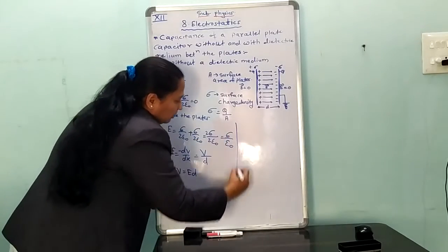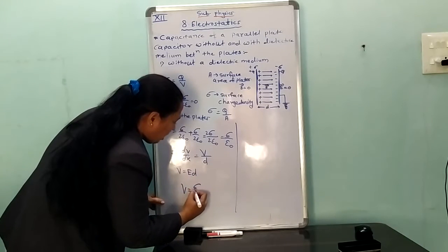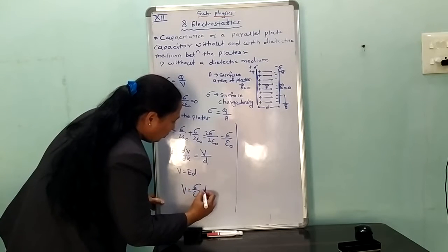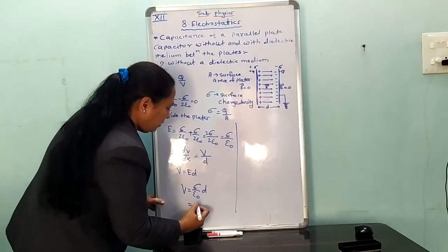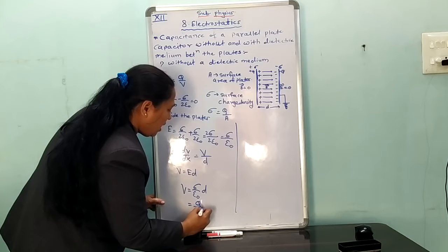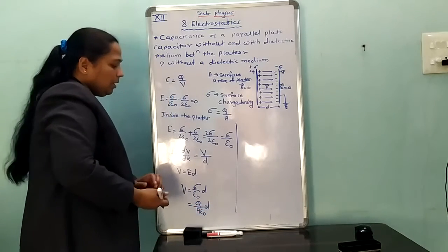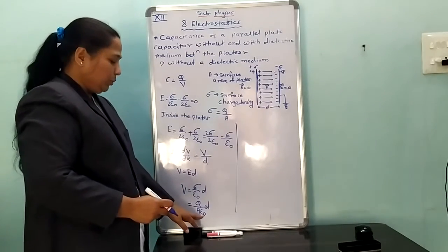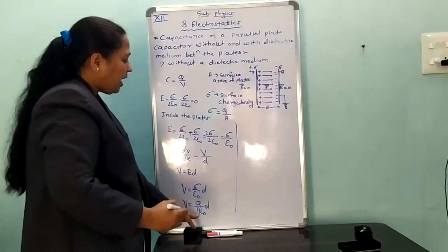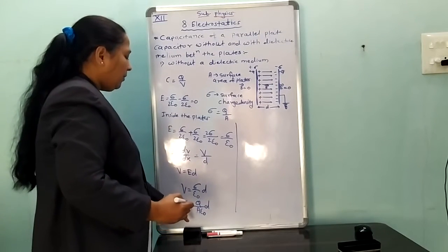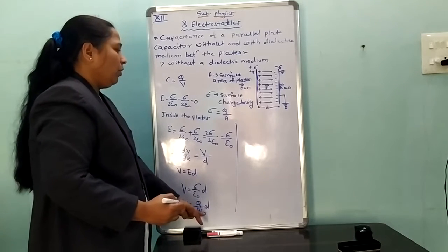Substituting, V is equal to sigma upon epsilon 0 into d, where sigma is Q upon A. Therefore, the potential difference V is equal to Q d upon A epsilon naught.